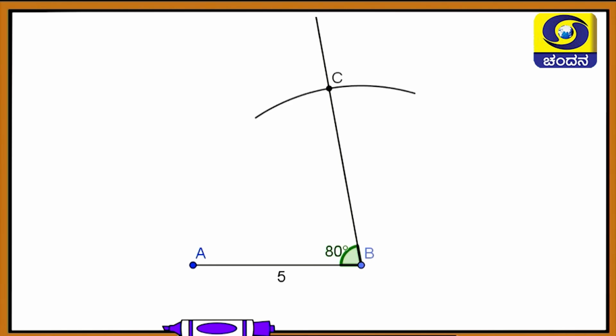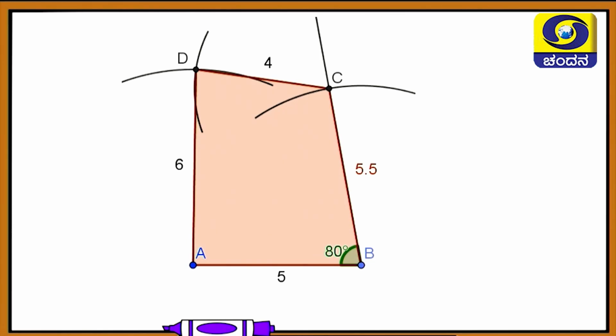Now I know the length of AD also, I am marking that point. I know the length of CD also, I am cutting that arc with the radius CD. Now this is the required quadrilateral here, children. This is how you have to construct a quadrilateral when 4 sides and one included angle are given.